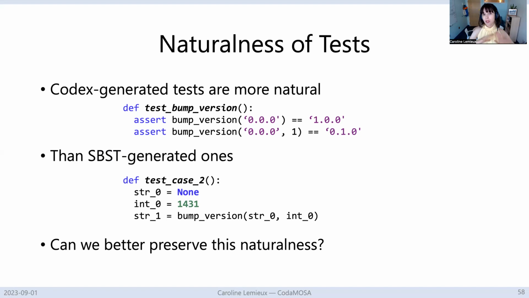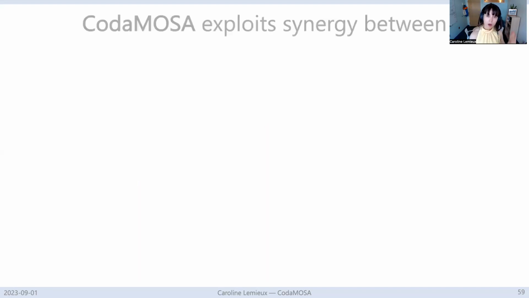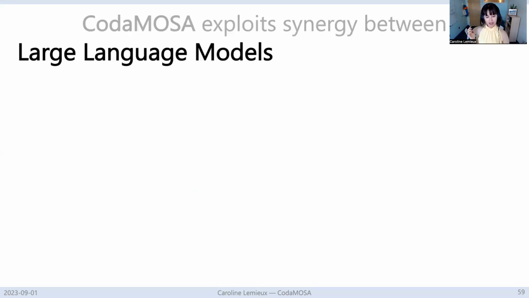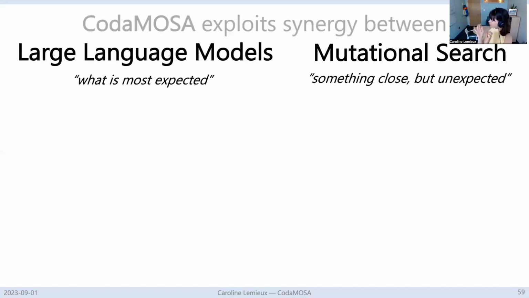So on that note, I just want to close on kind of a higher level. What we did in CodaMOSA is we exploited the synergy between large language models and mutational search, where large language models are really, really good at giving us what is most expected given the prompt. And mutational search is really, really good at giving us something that is close to what we started with, but unexpected.